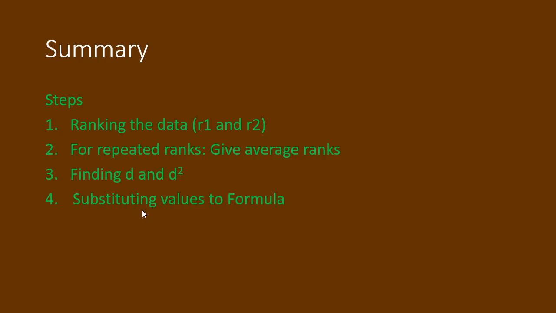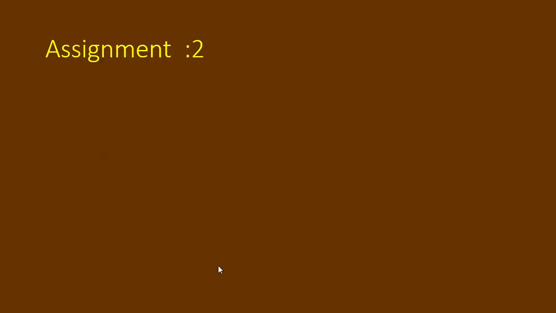And the last step is to substitute the values to formula. So while substituting values to formula, you should add the special term to formula, that is 1 by 12 into m cube minus m, as many times as you have repeated ranks. So this is all about repeated ranks.